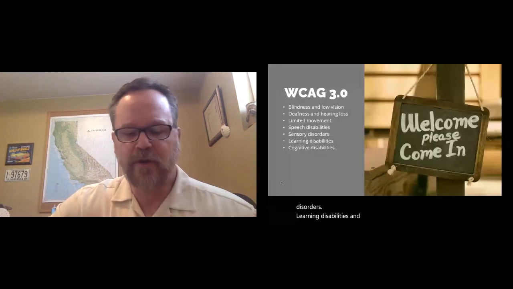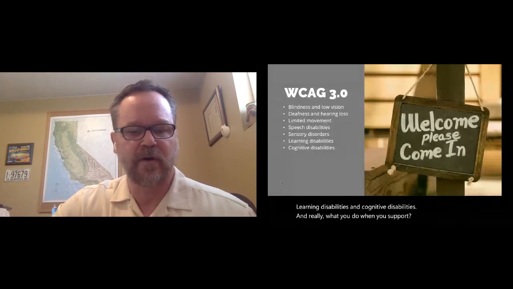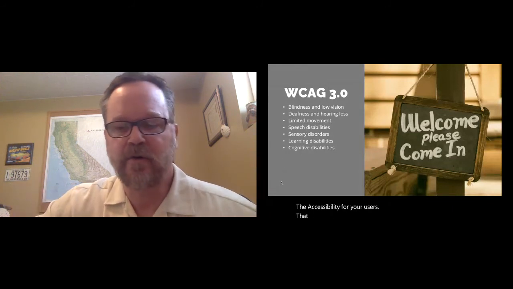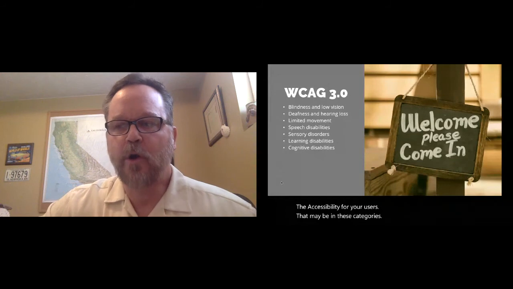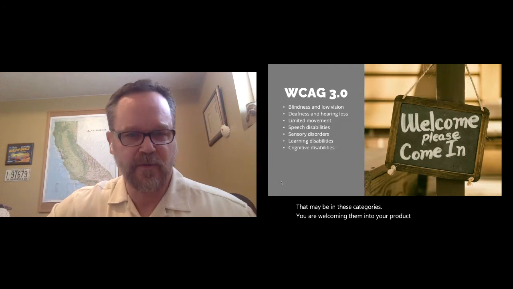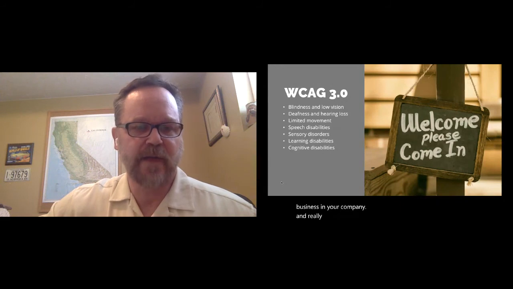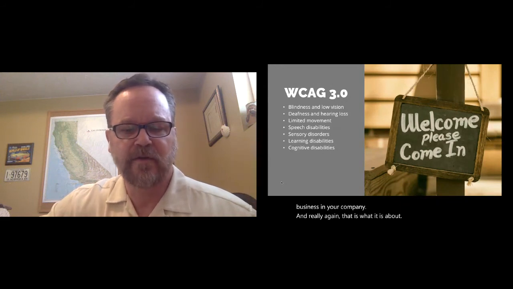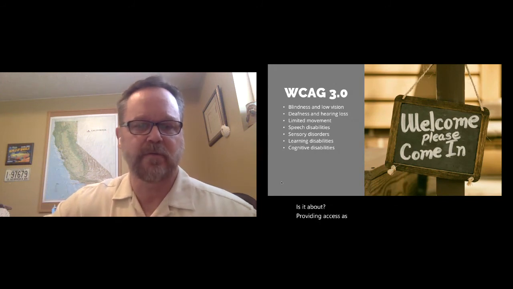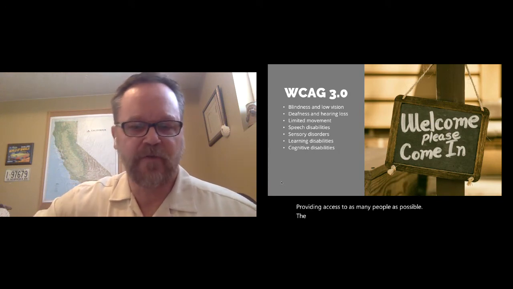And really what you do when you support the accessibility for your users that may be in these categories, you are welcoming them into your product, your service, your business, and your company. And really, again, that is what it is about.